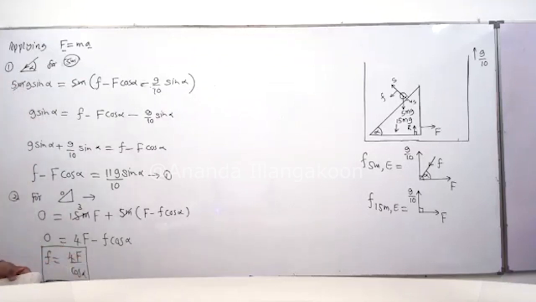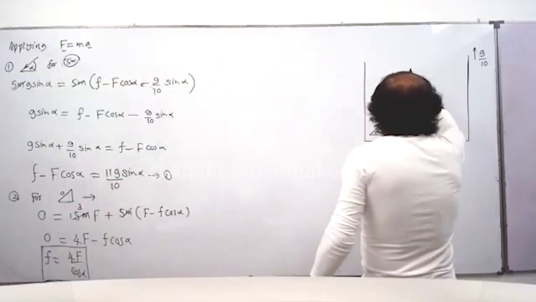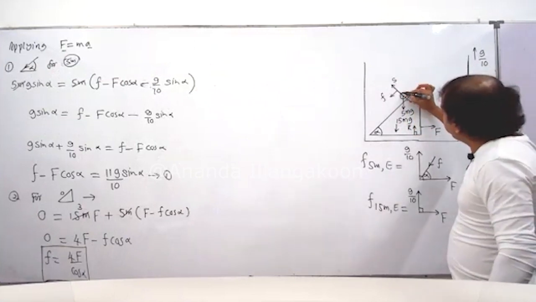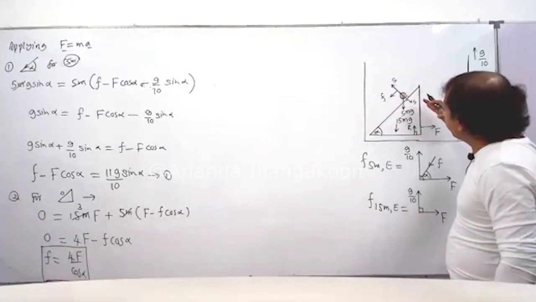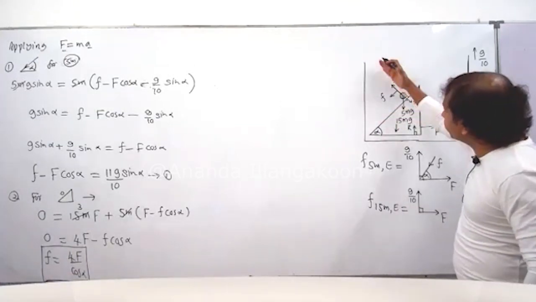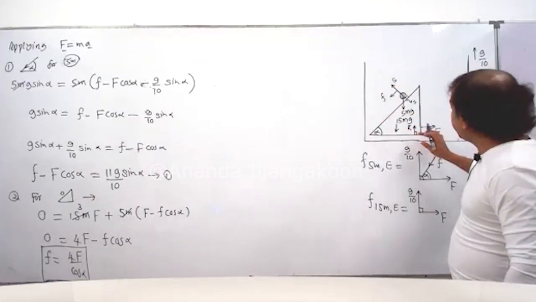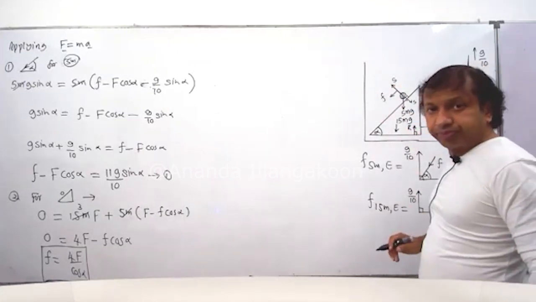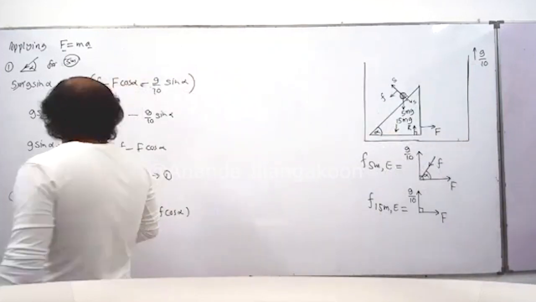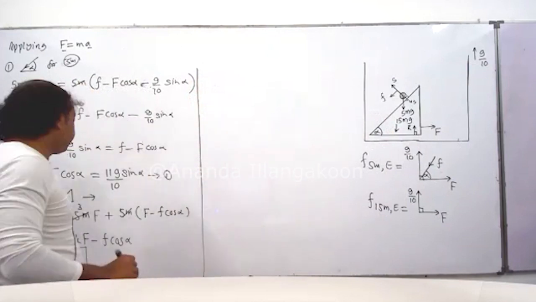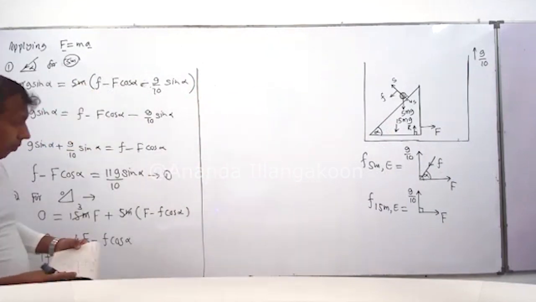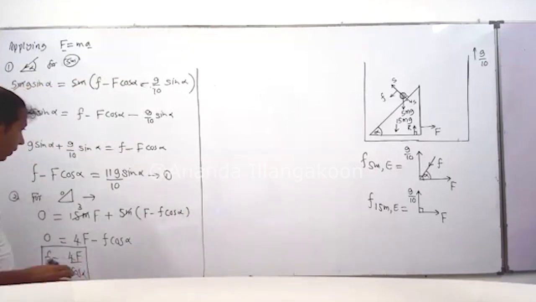Now I am going to find this capital F because we need to find this S, the reaction acting on this particle. To find that, we have to apply F equals ma perpendicular to this face of the wedge, in this direction. There we need this capital F. Therefore, we have to find that capital F first. What I do is this: this simple F is substituted here.